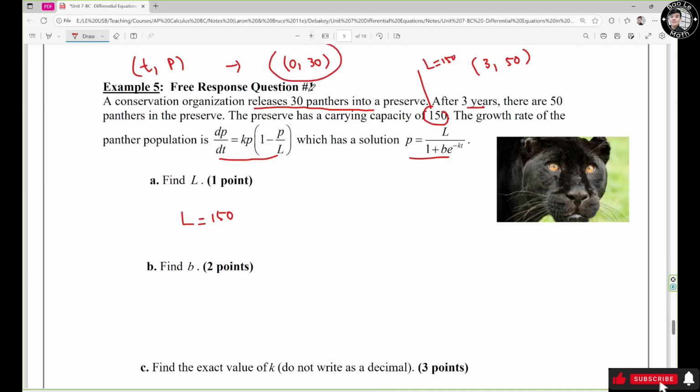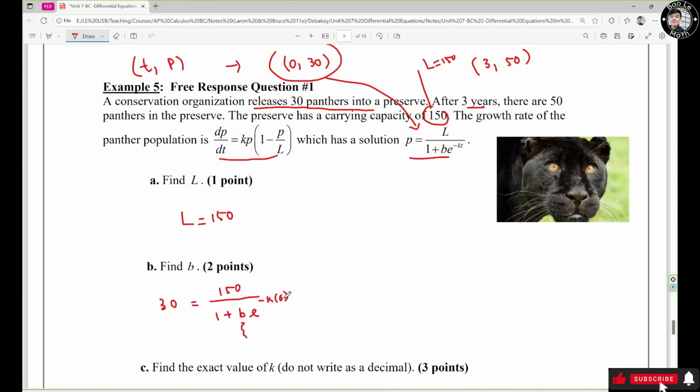Alright, so we're going to substitute this over here. So we have 30 equals 150 over 1 plus b times e raised to the negative k times 0. You always use the initial point, which is the initial condition, to solve for b.